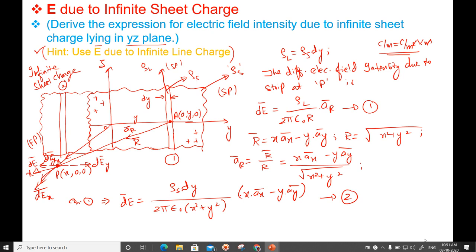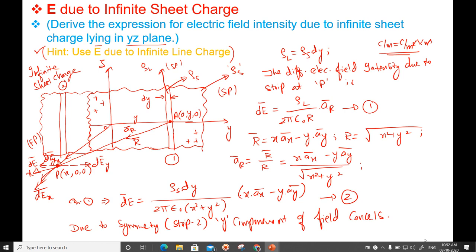So I will write one statement: due to symmetry, that is strip 2, the y component of the field cancels. Please adjust with my spelling, it is wrong here.